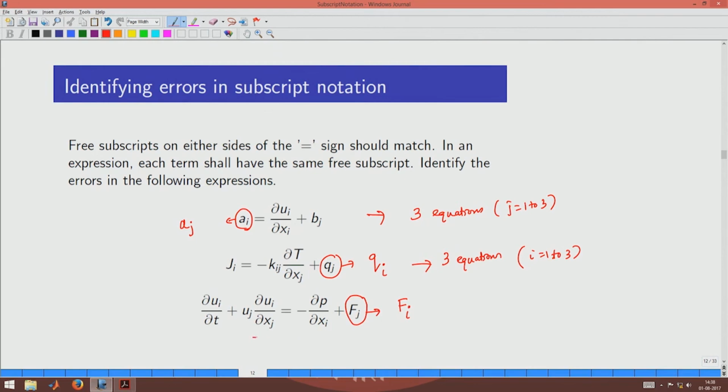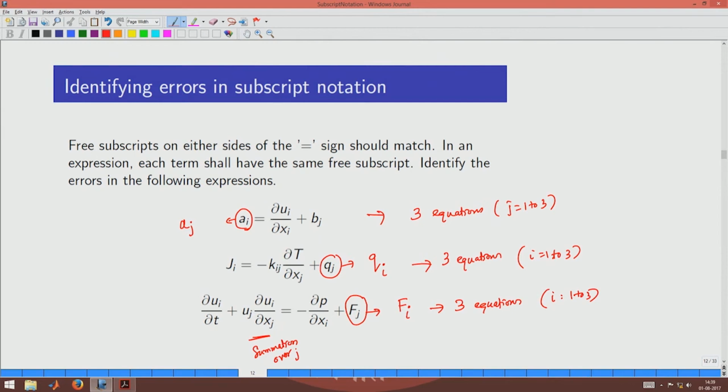Only thing is that here you have got a summation happening over the index j, but otherwise we are talking about essentially 3 equations, and these equations are written for i varying from 1 to 3. So, you can see that this is how expressions are being used to practice the subscript notation, which are very succinct.